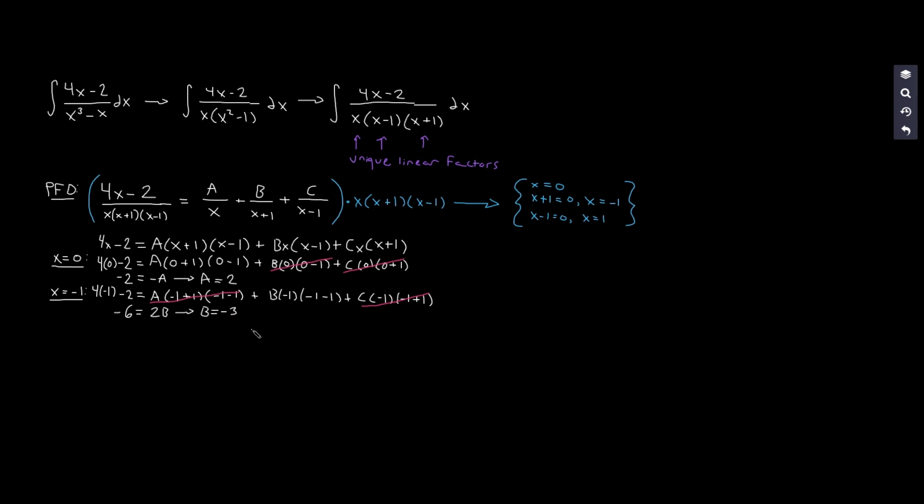And then let's check out the third case where x equals just 1. So in the case where x equals 1, we're just going to plug in 1 everywhere where we see an x.